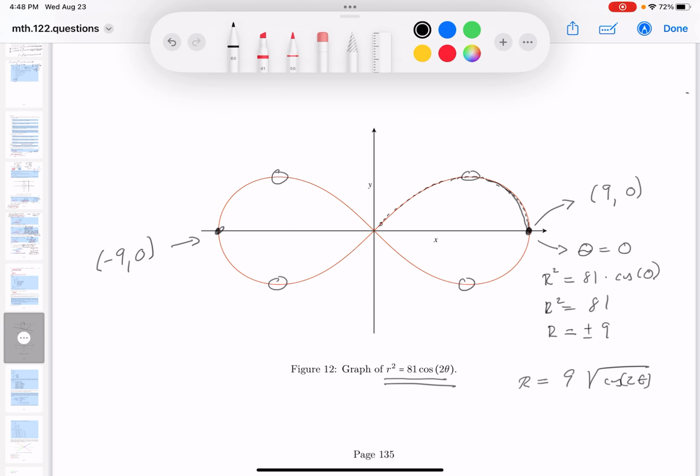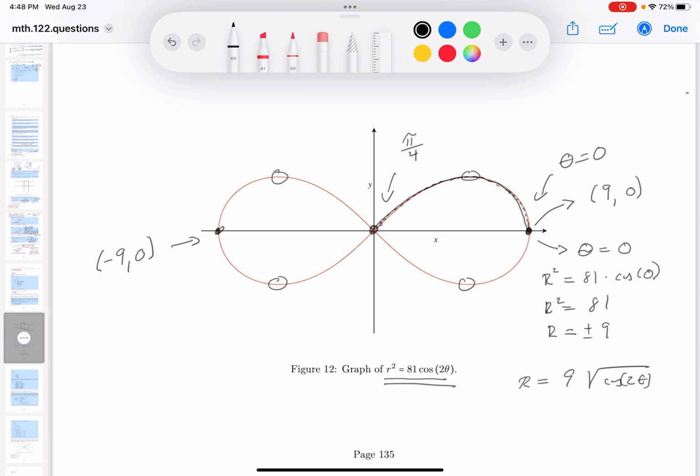It starts when theta equals 0. And then over here, I'm thinking about what happens over here. And that would be what? I'm going to say pi over 4.